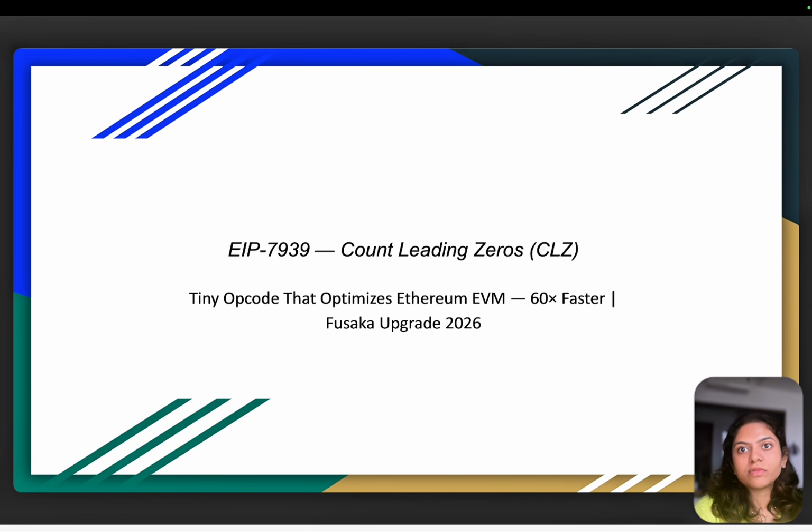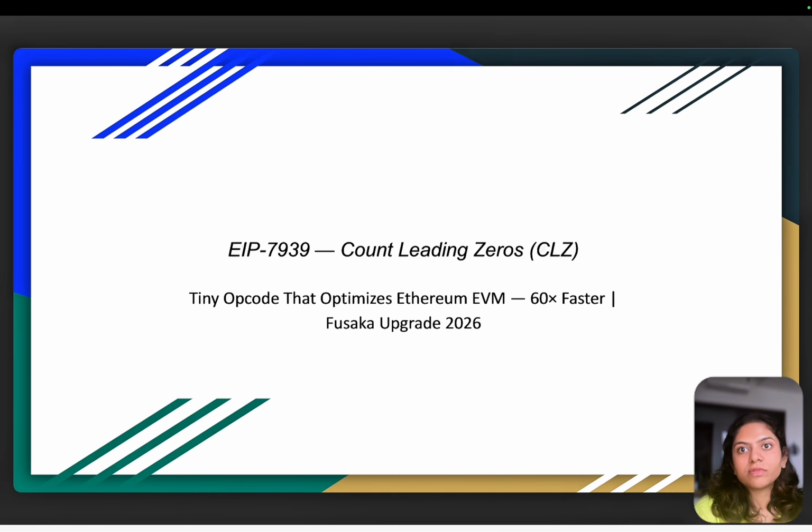It counts how many zeros are at the beginning, counting from the left side, the most significant bit. It returns a count from 0 to 256, because it works only on 256 bits. If the number is 0, it returns 256.